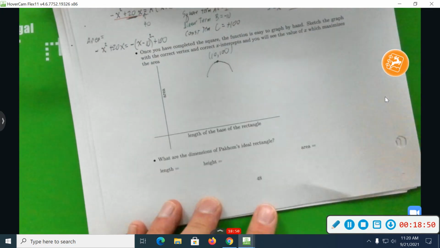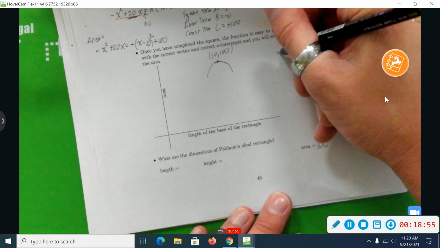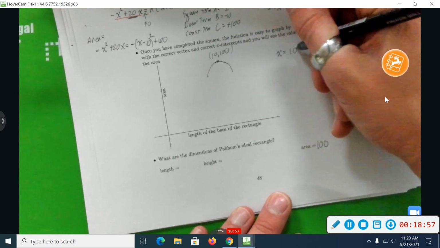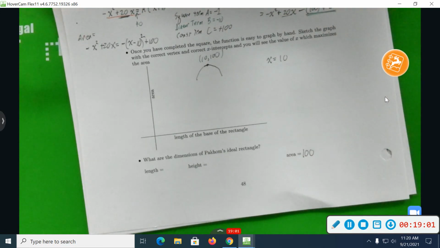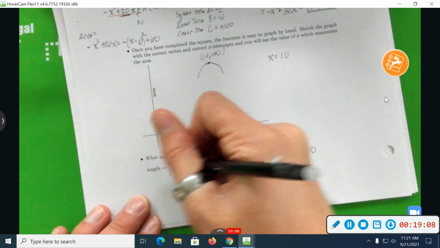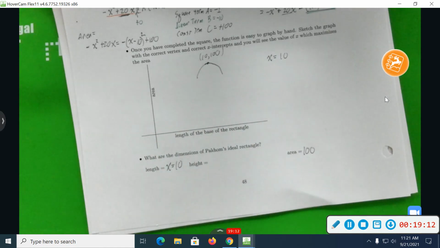So the maximum area that Pacom can possibly achieve is an area of 100. It's achieved by x equal to 10. And in the original problem, what did x mean? It's one of the two dimensions of the rectangle. That's the parameter x, so the ideal length is 10.